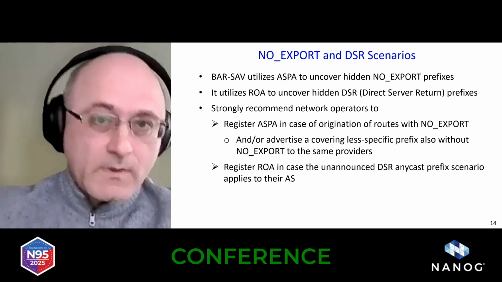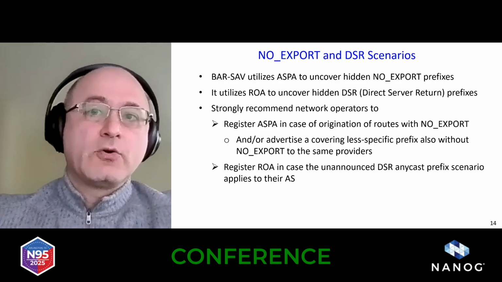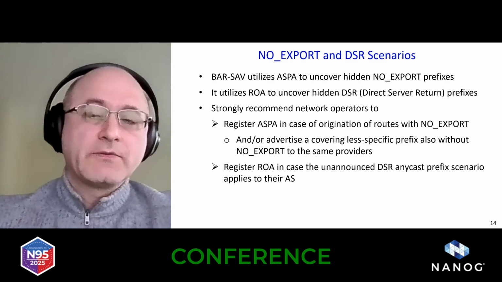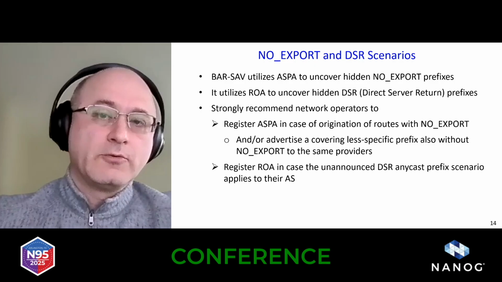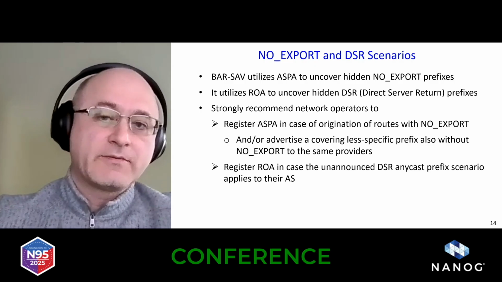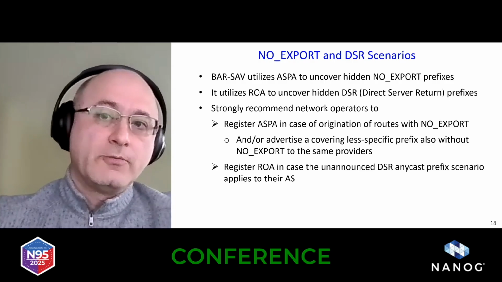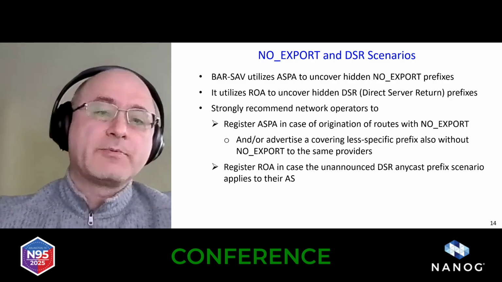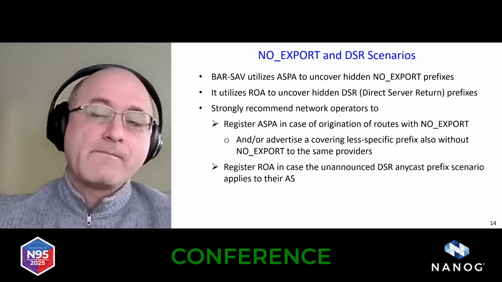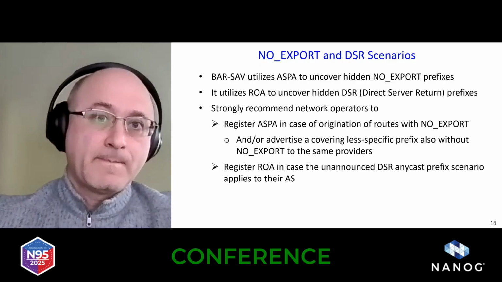So, effectively, for the complex scenarios with DSR and no-export, BAR-SAV recommends that you publish ASPA if you're using no-export towards some AS. Basically, if you use no-export towards your provider in an advertisement, you make sure that you list your provider in ASPA.